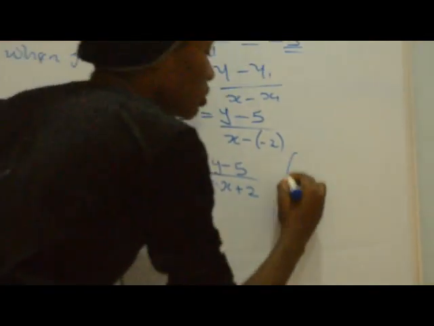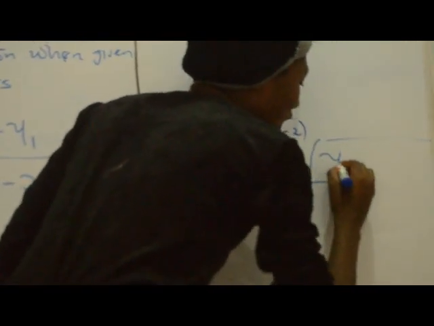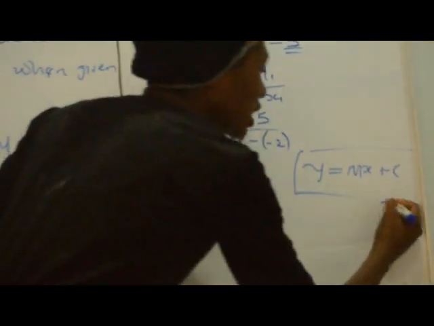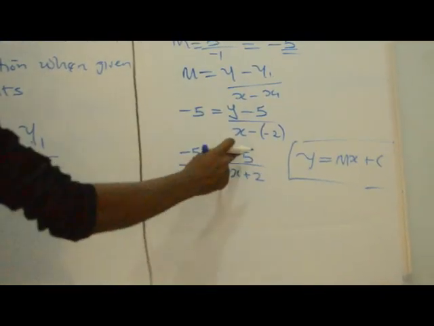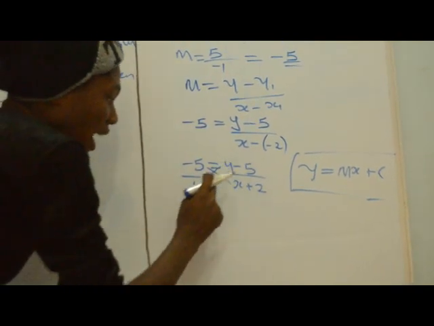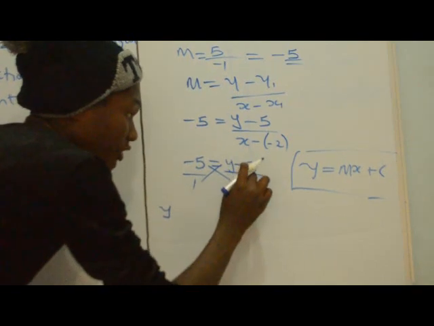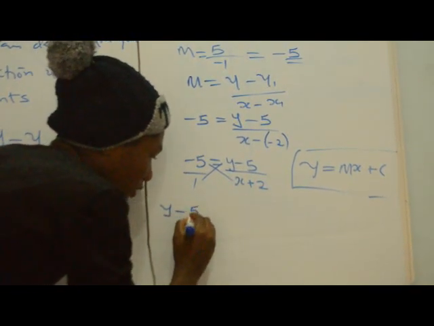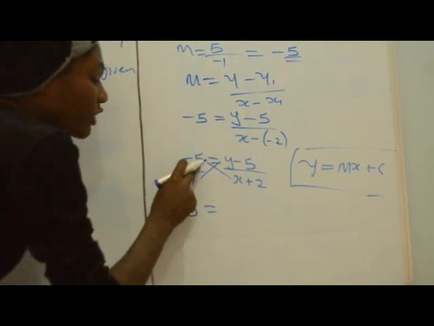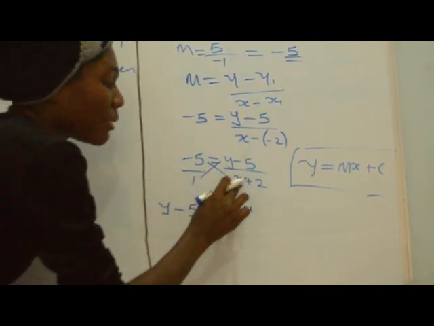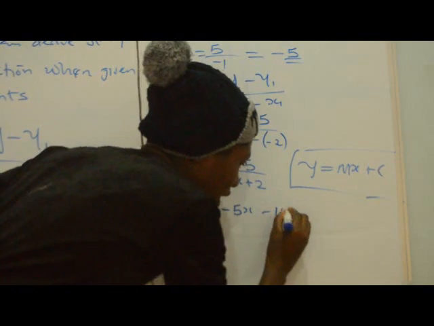Remember, our format remains that y is equal to mx plus c. This is how to present our equation. So our y will be coming first. Y times 1 will give us y. Minus 5 times 1 will give us minus 5, is equal to minus 5 times x, which is minus 5x. Minus 5 times plus 2 will give us minus 10.